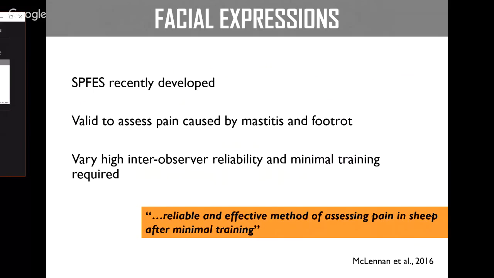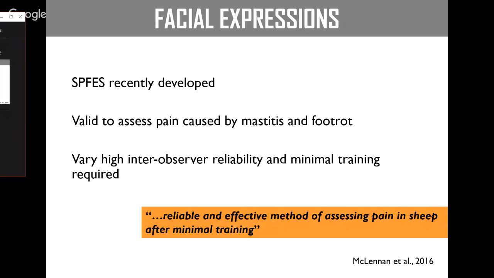And one of the main findings of the study is that the inter-observer reliability was very high and minimal training was required. So the authors of the paper concluded that using facial expressions to assess pain in sheep was a reliable and effective method after minimal training.